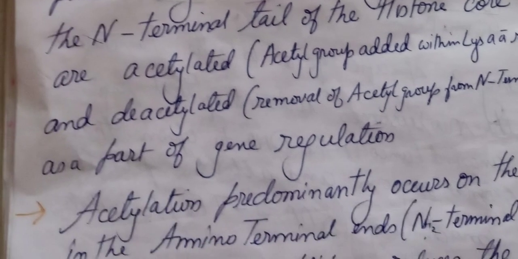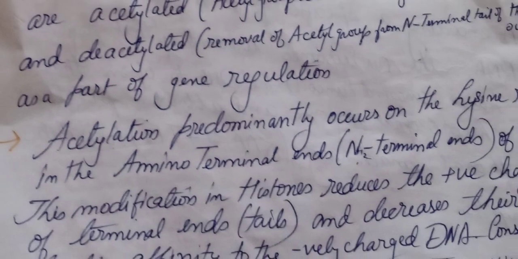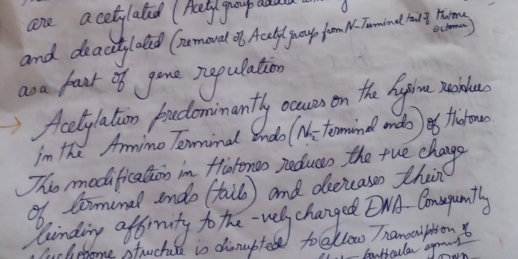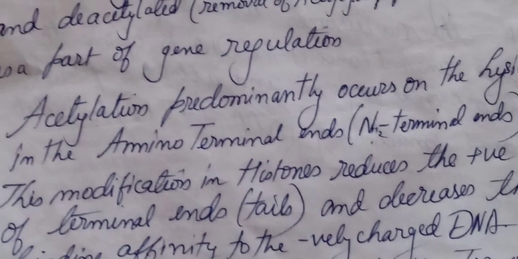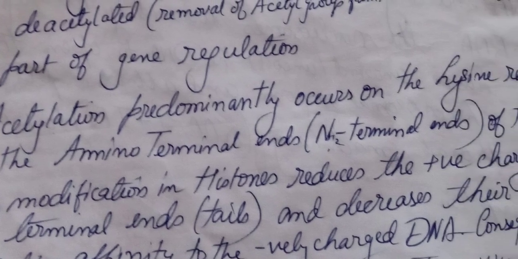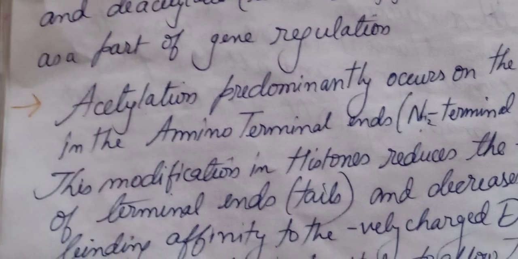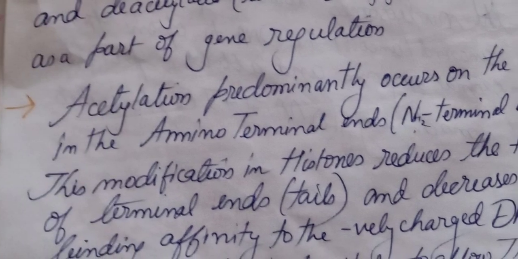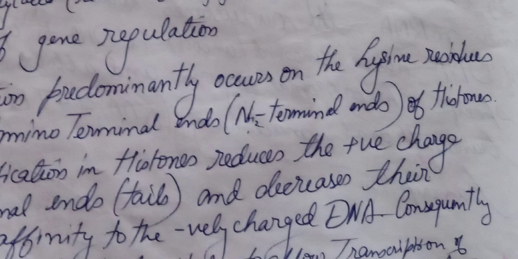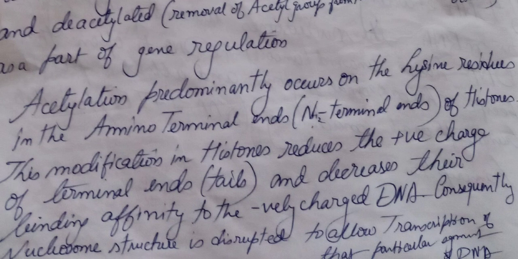These are part of gene regulation. Now normally acetylation predominantly occurs on the lysine residues in the amino terminal ends, that is the N-terminal ends of histones.